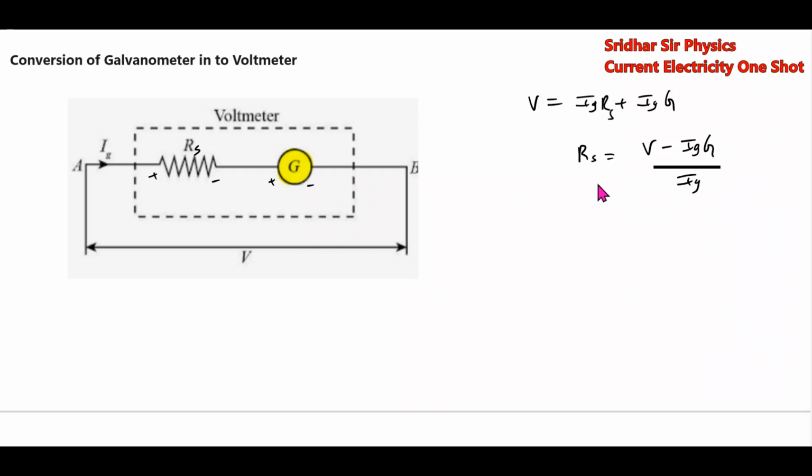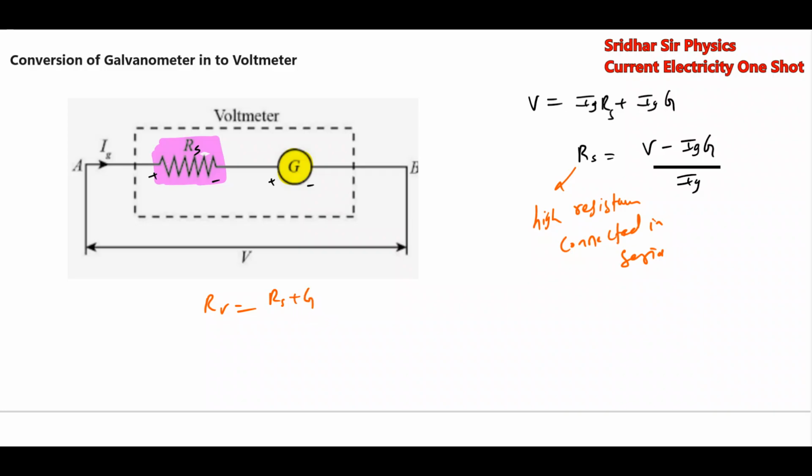So as the range increases, the resistance connected in series with the galvanometer also increases. So our voltmeter resistance will be Rs plus G.